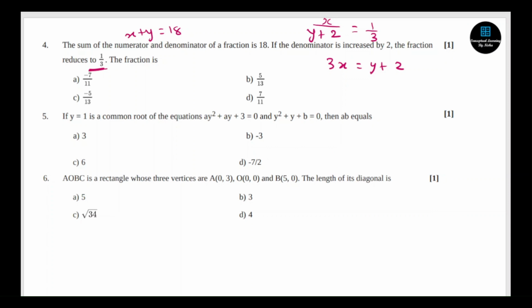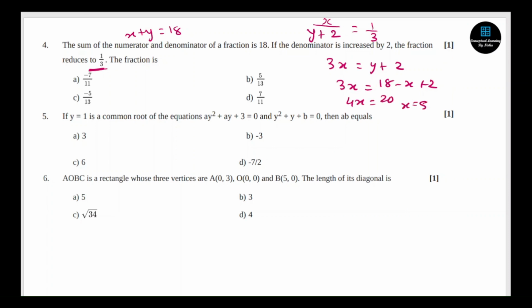So what do we get? 3x equals, if I substitute y equals 18 minus x, so 18 minus x plus 2, then we'll get 4x equals 20 and x equals 5.